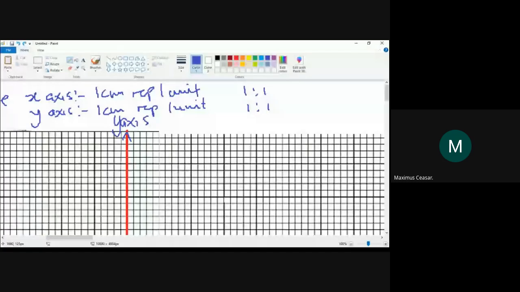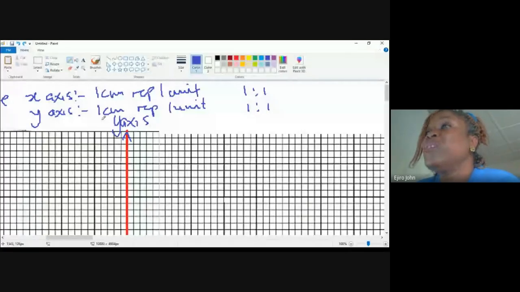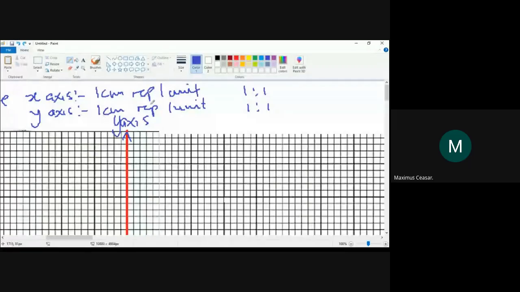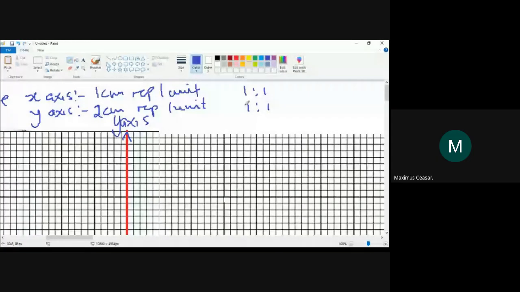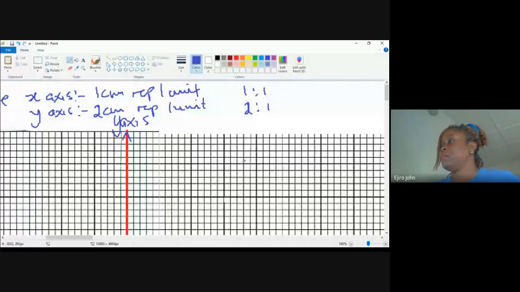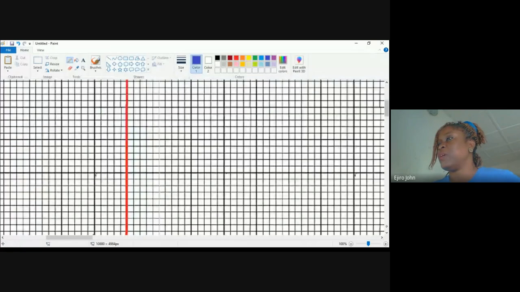For the y-axis, I'm using a different scale. Okay, thank you. I just wanted to be sure that I'm on track.